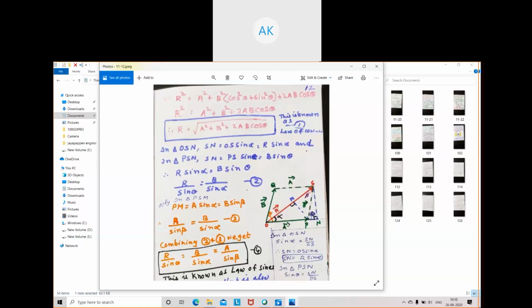A is one side of the parallelogram, and B is the other side. These are two vectors, and theta is the angle between them.